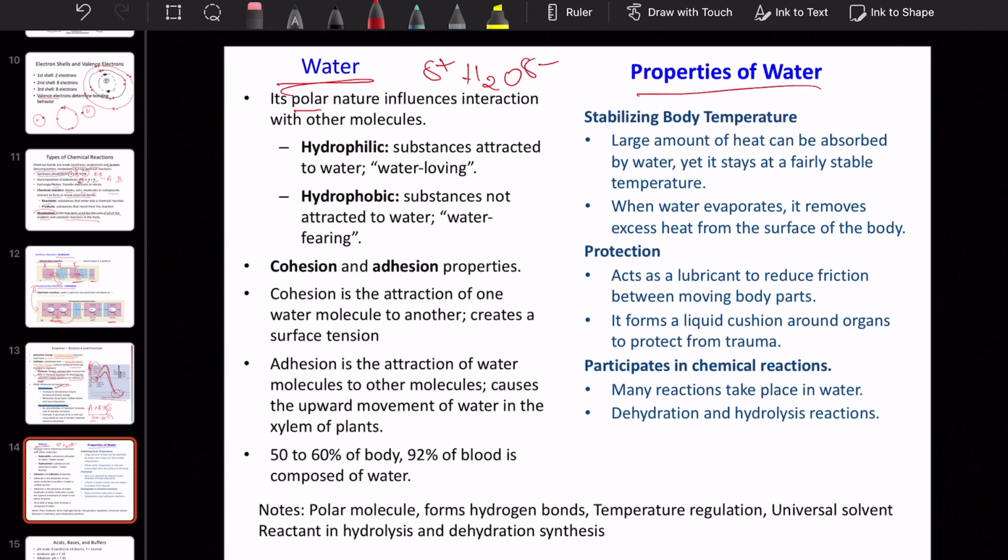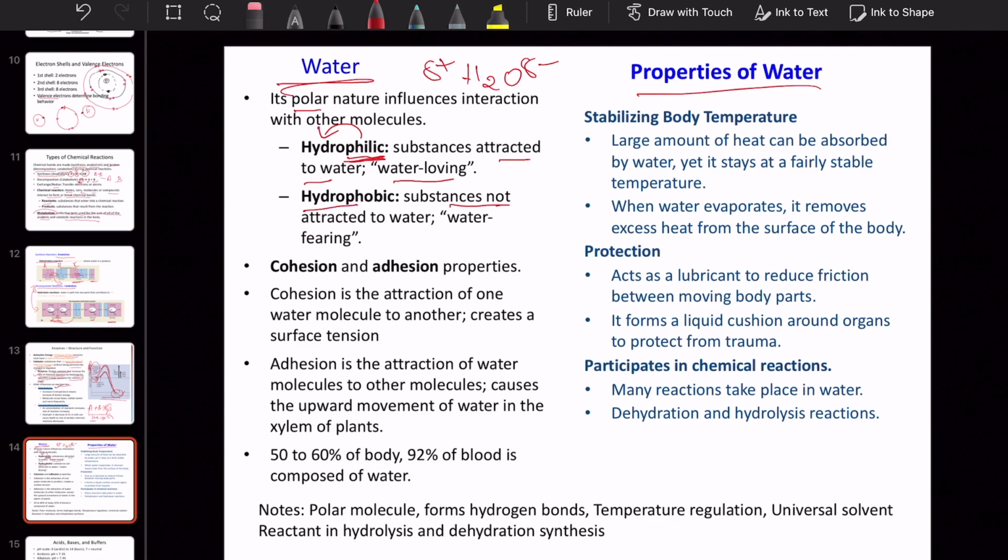They are hydrophilic. So philic means love towards something. In this case, love towards water. Substances attracted to water, water loving, can dissolve in water.